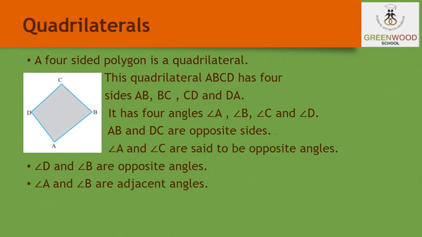It has four angles, angle A, angle B, angle C and angle D. You can write them as angle DAB, angle ABC, angle BCD and angle CDA. Here we have AB and DC as opposite sides and angle A and angle C as opposite angles. Here angle D and B are also opposite angles and angle A and angle B would be adjacent angles.